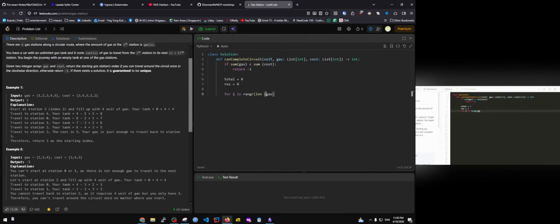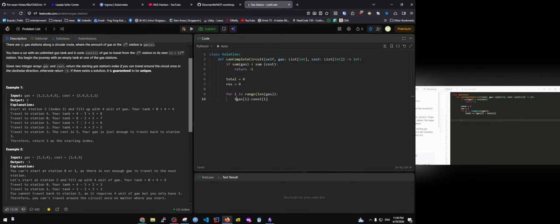And we know that the gas array is the same exact size as the cost array. So for every position i, I'm going to take the difference between gas of i and cost of i, just like we showed in the difference array in the drawing. I'm going to add this difference to the total.